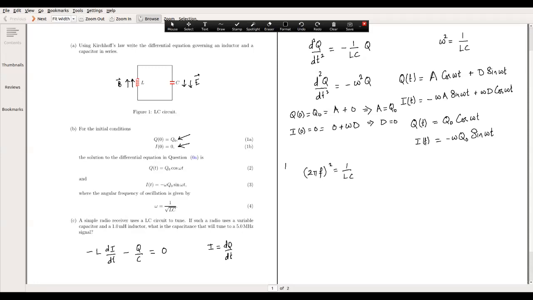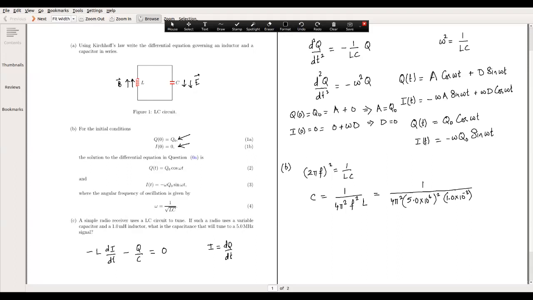So for part B, C would be equal to 1 over 4 pi squared frequency squared times inductance L. Frequency is 5 megahertz, so it's 5.0 times 10 raised to 6, squared, times inductance, which is 1 millihenry, so 10 raised to minus 3 henry.